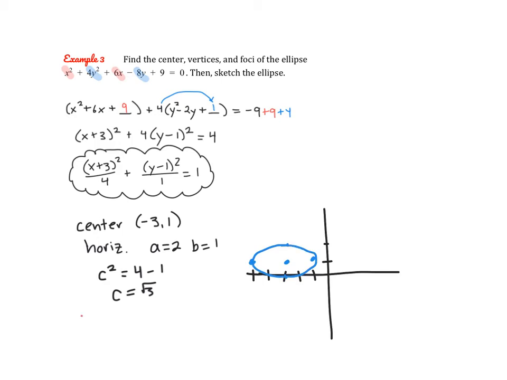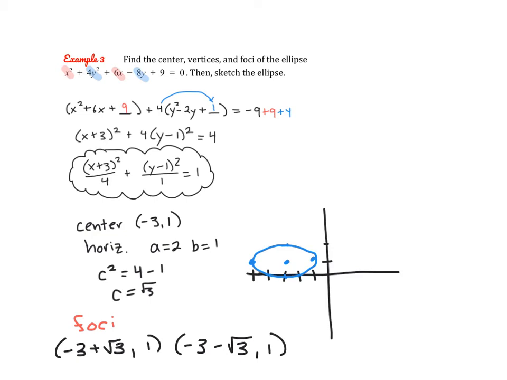Now, to find our foci, I can see that our foci are going to be to the right and to the left of our center. So that means that I'm going to take the c value and I'm going to add or subtract it to the x value. So our foci are going to be at (-3 plus √3, 1) and (-3 minus √3, 1).